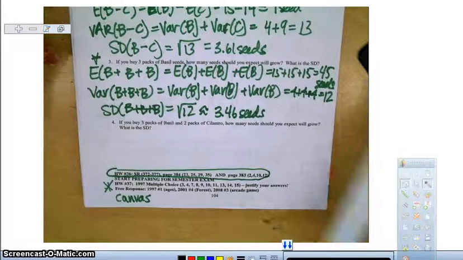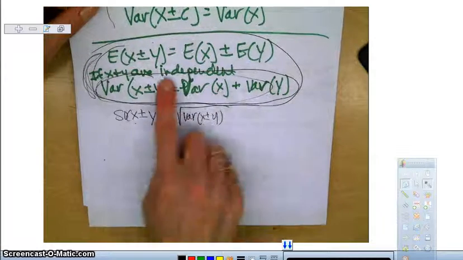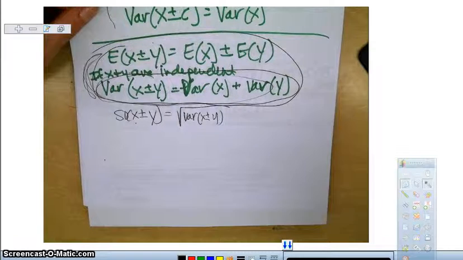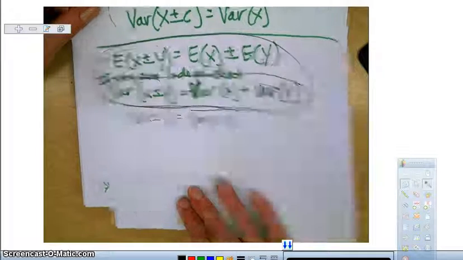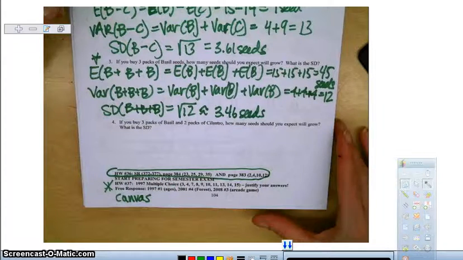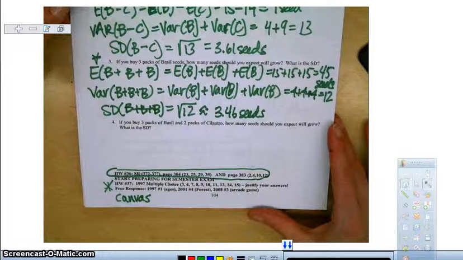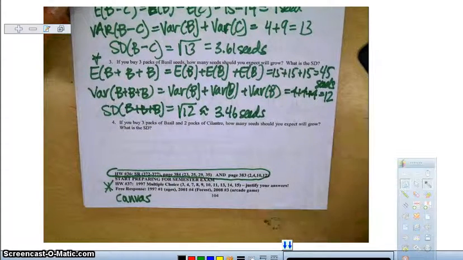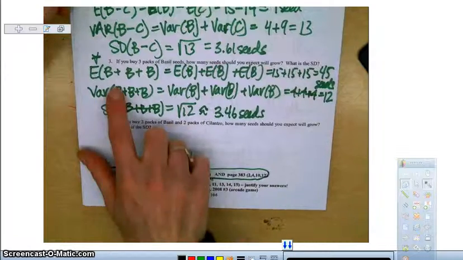Okay, again, all I'm using are these 2 formulas right here, and the fact that standard deviation is the square root of variance, which I do last. Okay, so the last one, now I'm going to buy 3 packs of basil and 2 packs of cilantro. Well, isn't the 3 packs of basil something I just did?